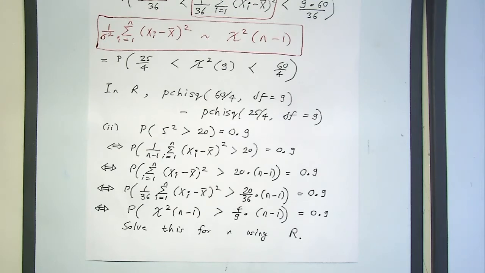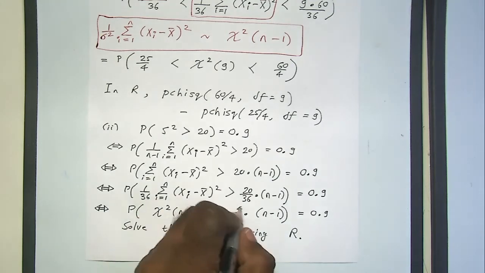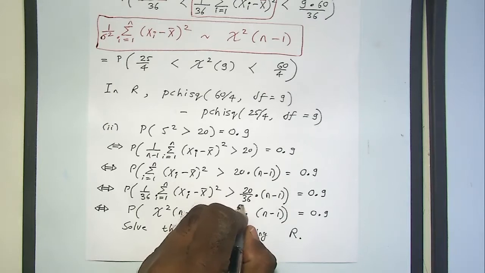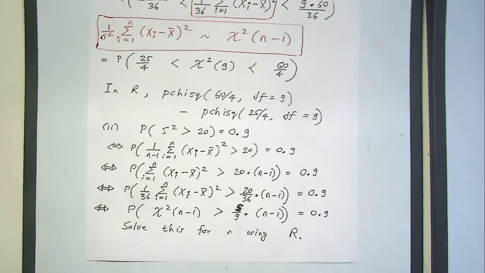Sorry, excuse me. Why can't you just do it from that? It should be 5 over 9, yes. Oh man, it should be 5 guys, not 4. Why can't you use chi-square distributions here?